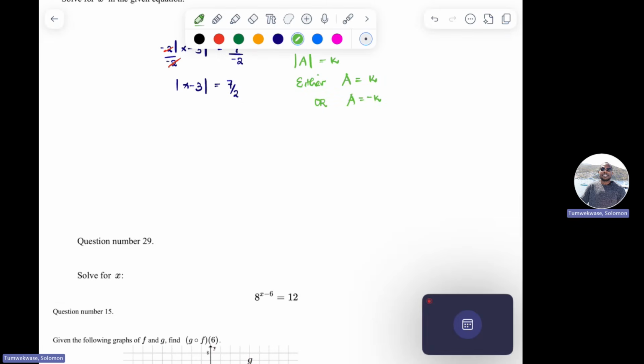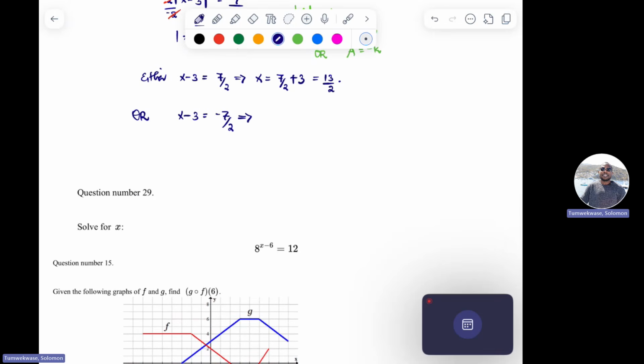So this means that either x minus 3 is equal to positive 7 over 2, and if this is the case, then x is 7 over 2 plus 3, which is equal to 13 over 2, or x minus 3 is equal to negative 7 over 2, and if this is the case, then x is negative 7 over 2 plus 3, and this is minus 1/2, okay?